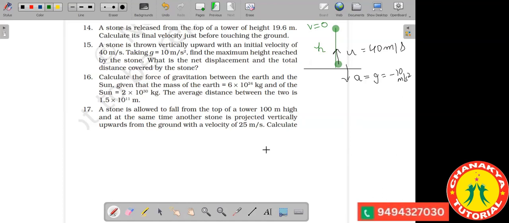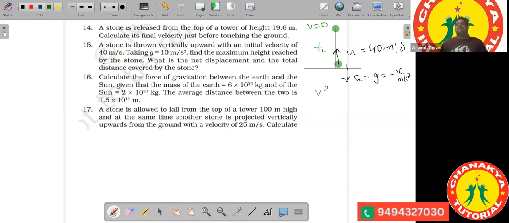Sir, we have to use v squared equals u squared plus 2gs. Okay, we will be using v squared equals u squared plus 2gs, as all the values are present here. We have v, we have u, we have g. We need to calculate s, which is the height.